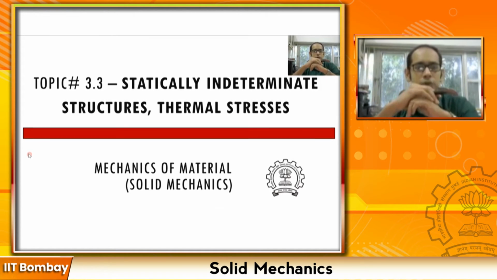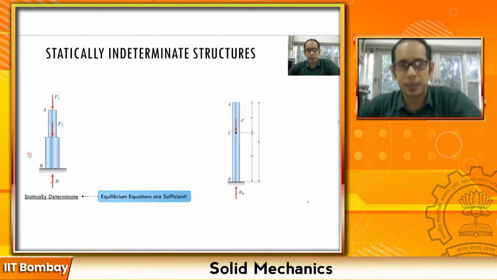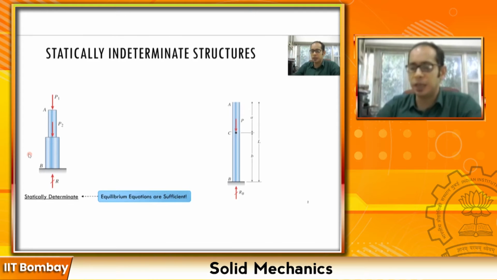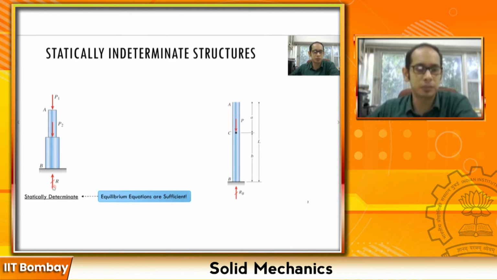We're going to move on to structures which are statically indeterminate. Now, before we do that, let's go back to understanding how statically determinate structures behave. In both this particular structure as well as this one over here, you can easily calculate the reactions. For example, here R is simply P1 plus P2.